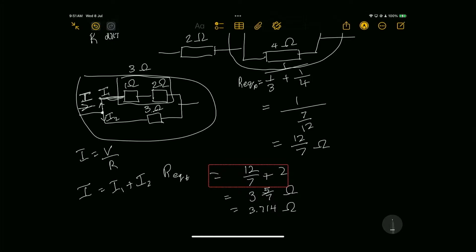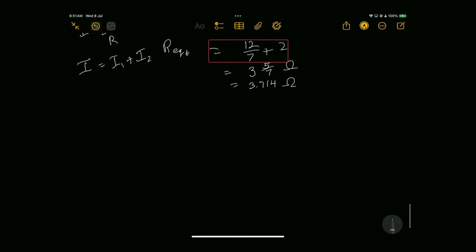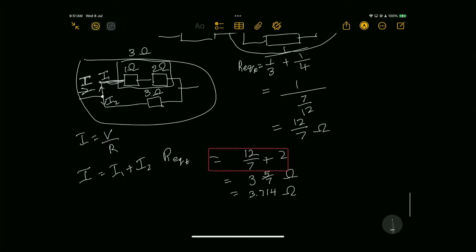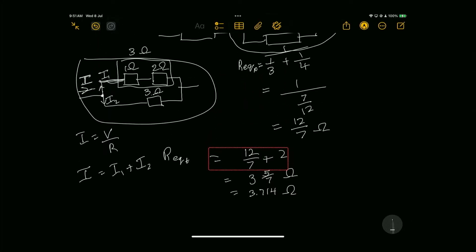Right. So what about Kirchhoff's voltage law? In a closed loop series, the total voltage equals 0.